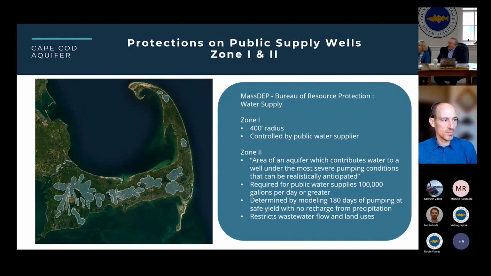Last summer, I was really heartened to see, with respect to the Monomoy lens, the water departments in all of the communities drawing water from that lens collaborating in terms of their overall water conservation policies. You can see clearly a very focused effort looking at protecting the resource and managing withdrawals in that area.